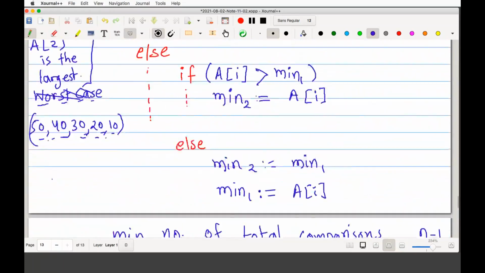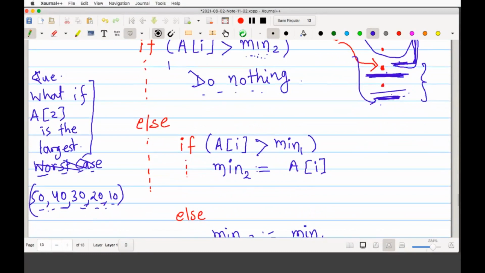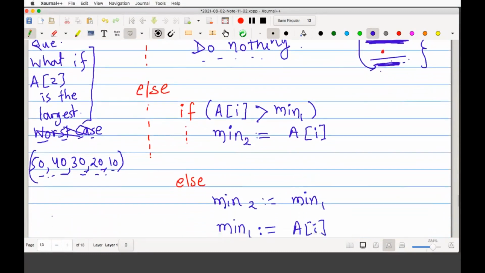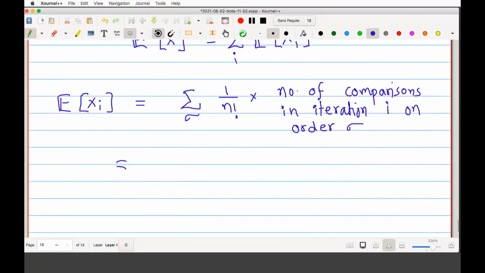If we go to this iteration, one comparison you anyway have to make. Possibly you can make a second comparison and that's it. So xi is either 1 or 2. So the expectation of xi can be written as 1 times probability of xi equal to 1 plus 2 times probability of xi equal to 2.